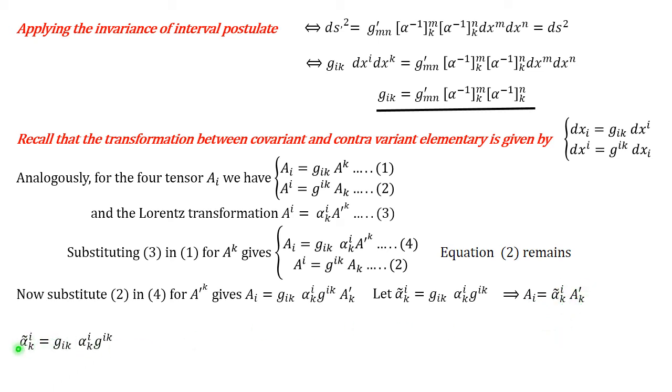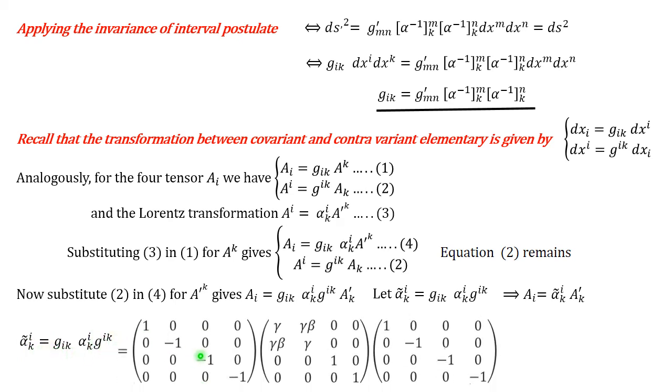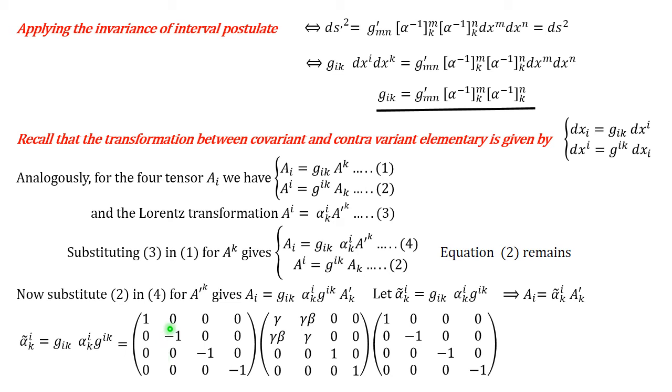Now alpha tilde_ik is equal to g_ik alpha_ik g_ik, but we know the matrices. Actually g_ik is this matrix, alpha_ik is this matrix, and g_ik is this other matrix.